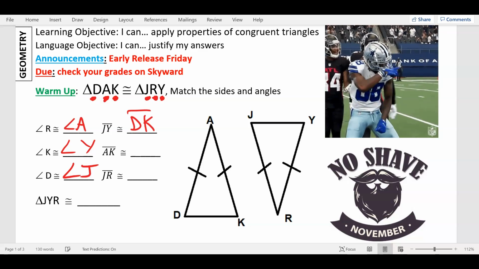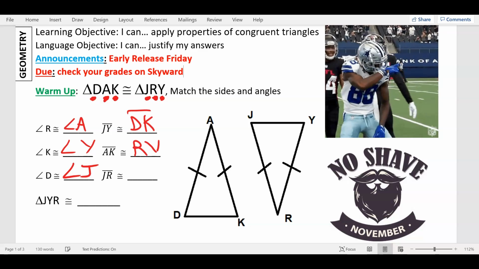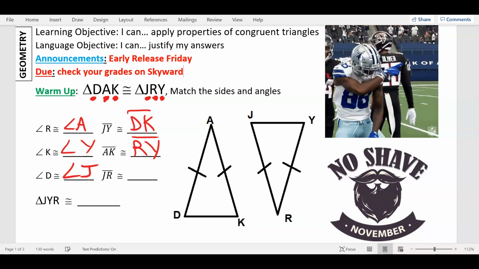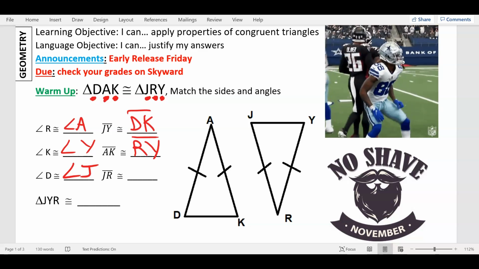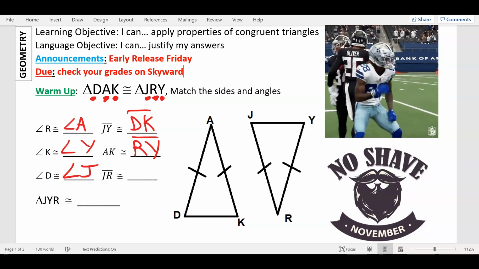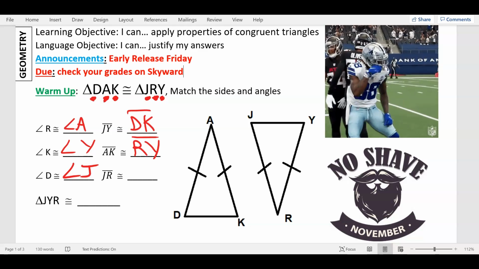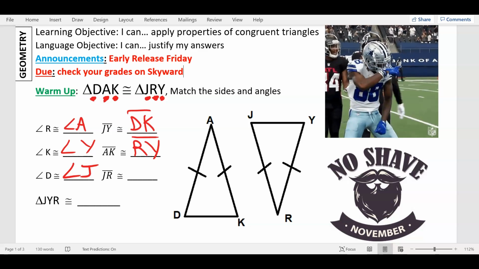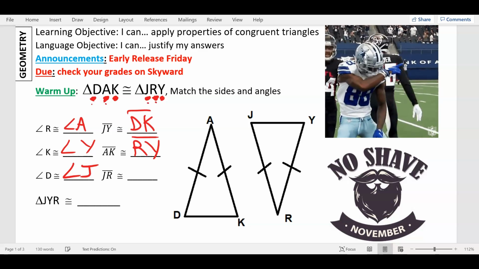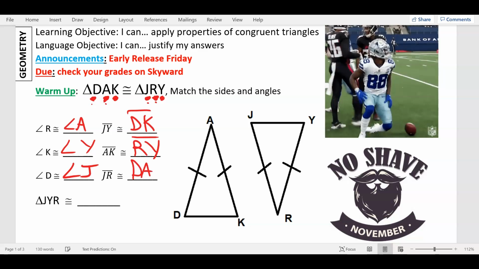What's it going to be? RY with a segment on top. And then JR, the first two letters matches the first two letters, which is what? So JR, D, A. Very good.